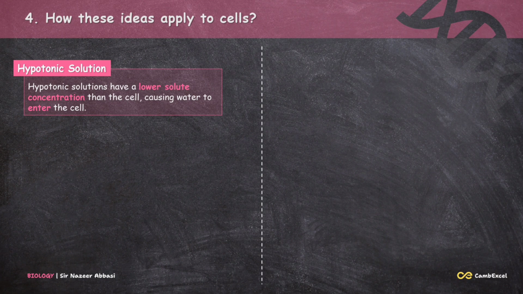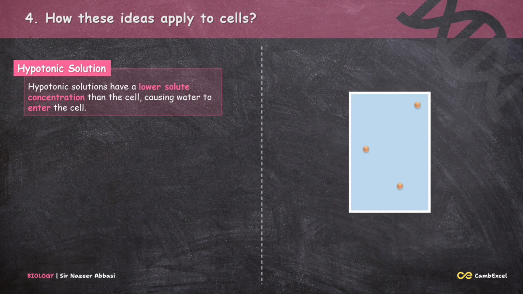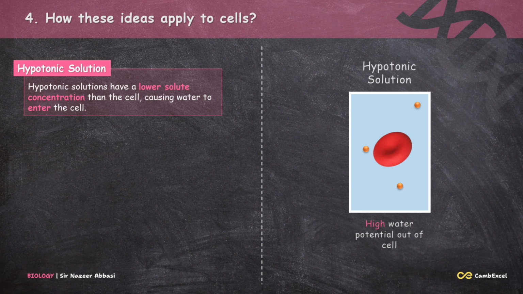So obviously, if we place a cell in a solution which has a lower solute concentration but higher water potential, it has higher water potential outside of the cell. So you could predict that water will move from the area of higher water potential, I mean from outside to the inside of the cell, and water will keep entering the cell until the cell bursts.